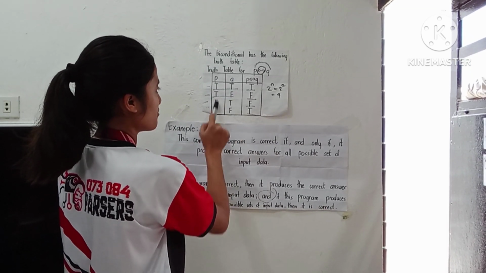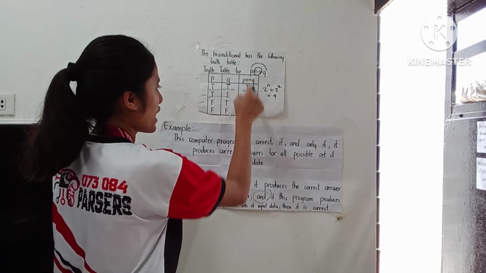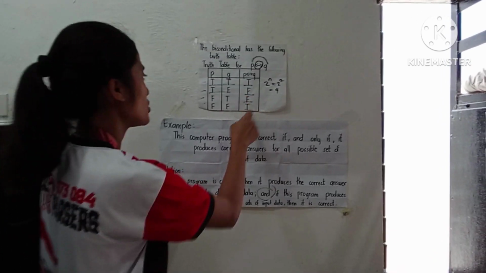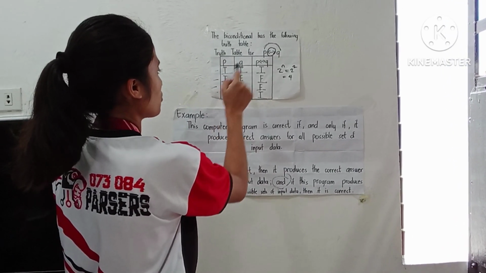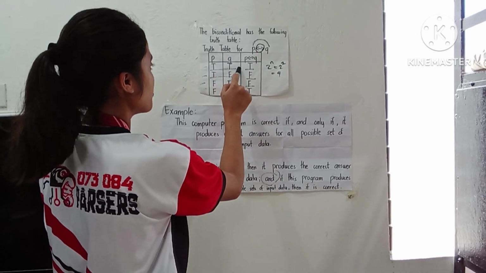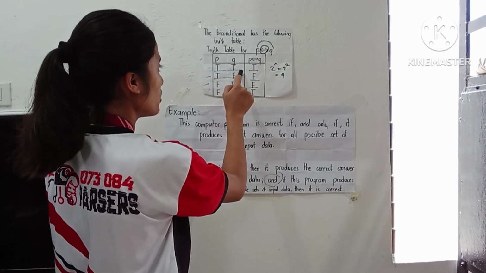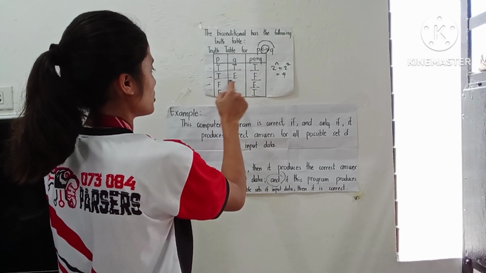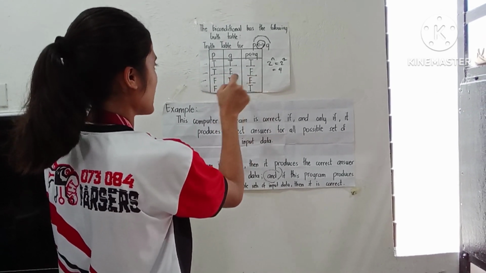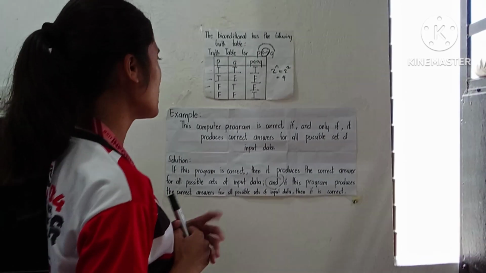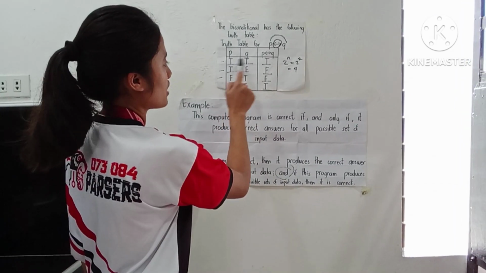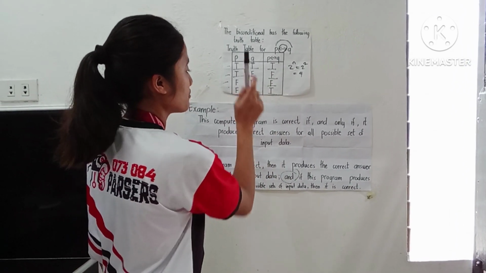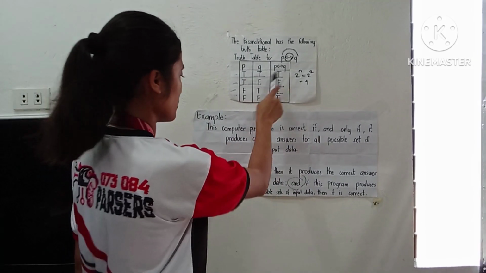These are given, and we're going to find the value here. P is true, Q is true. They have the same values, so it is true. P is true, Q is false. They have opposite values, so this is false. Again, in the biconditional statement, if they have the same values, it is true, and if they have opposite values, it is false.